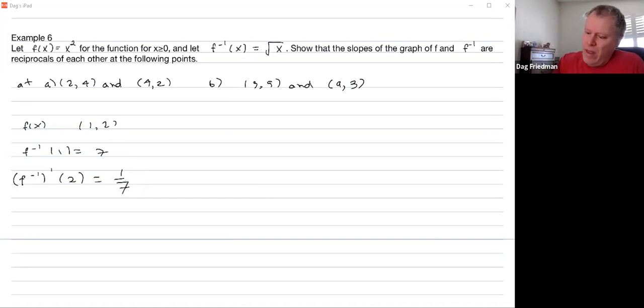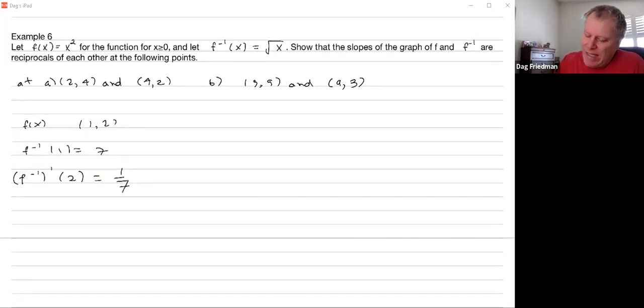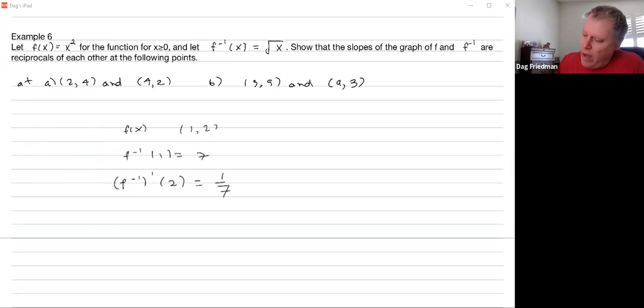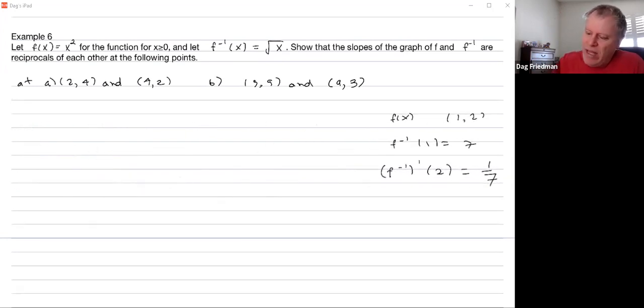Okay, so let's talk about this last example. Let me get this stuff out of the way. It's good to know. Notice what happens. I have the function f of x equals x squared and the square root of x.